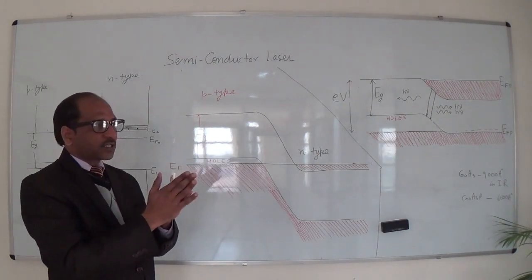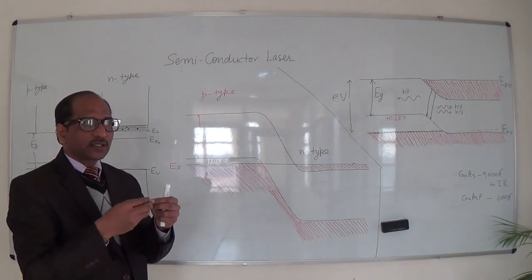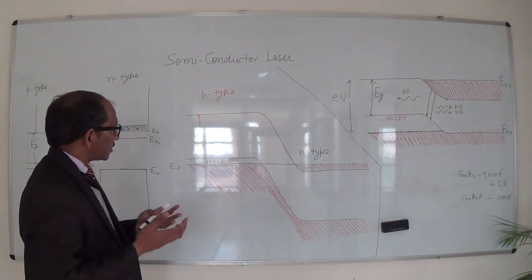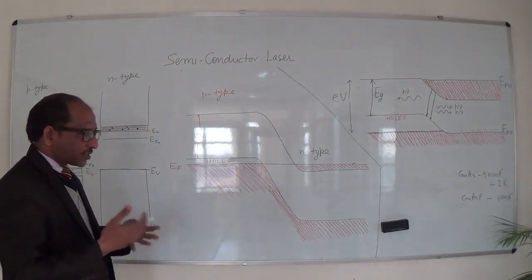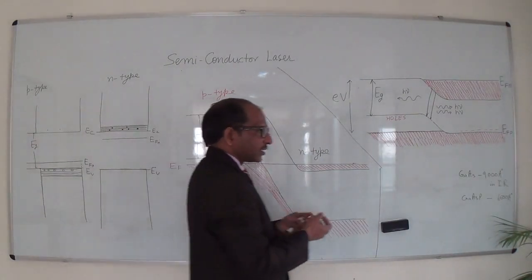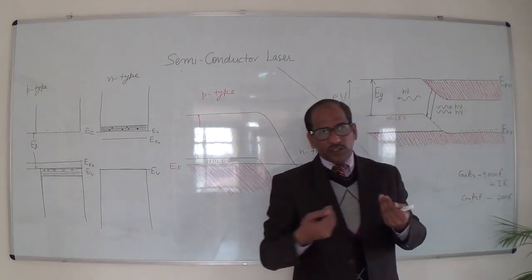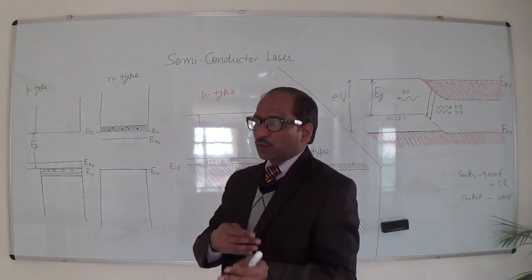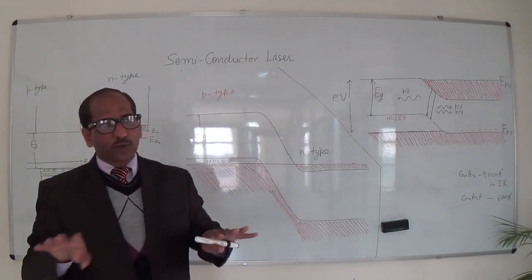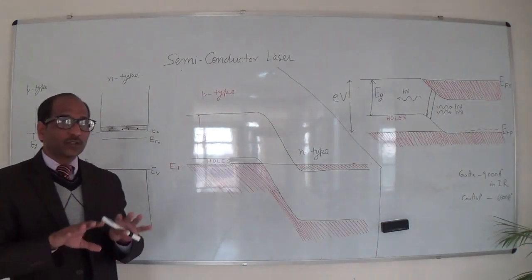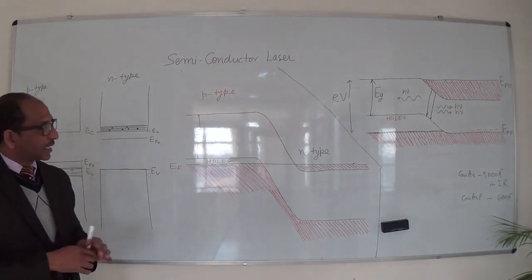Near the junction electron-hole recombination takes place, and after some time there is no more flow of electrons towards the p-type and holes towards the n-type. So there is no flow of charges. That situation is known as the equilibrium condition.